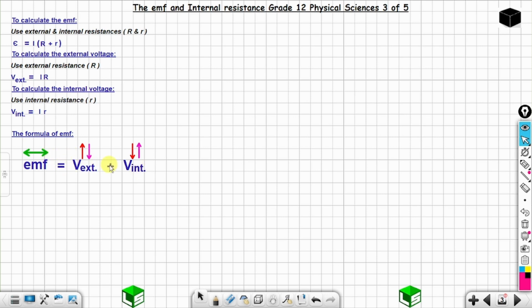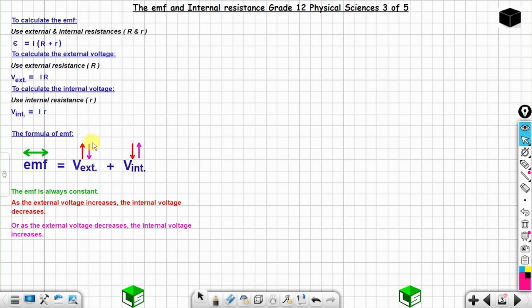So you have to remember the EMF is always constant, and as the external voltage increases, the internal voltage decreases, or as the external voltage decreases, the internal voltage increases, in order to keep the EMF constant.